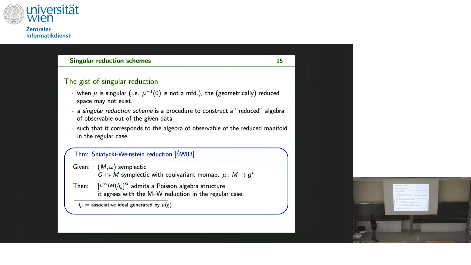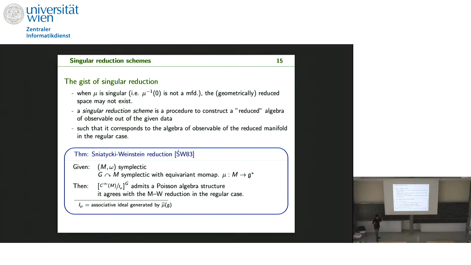So you can construct this associative algebra. Then you consider the G-invariant elements, and it can be proved that taking these G-invariant elements, you get again a Poisson algebra.